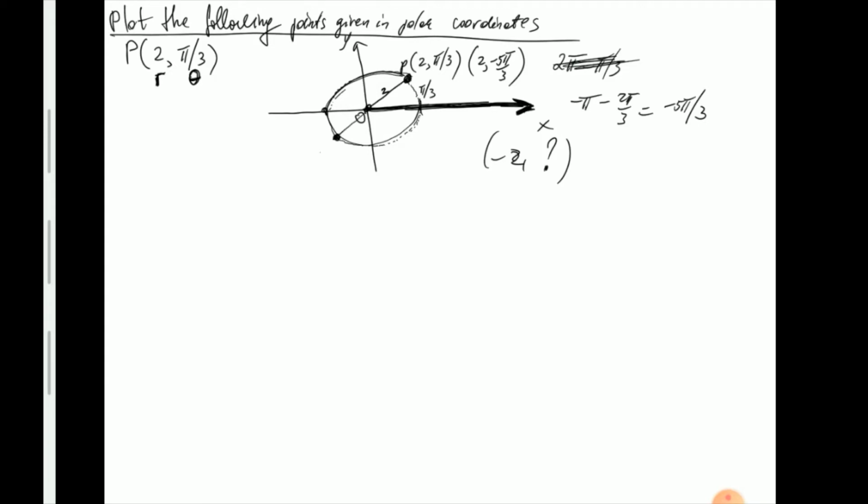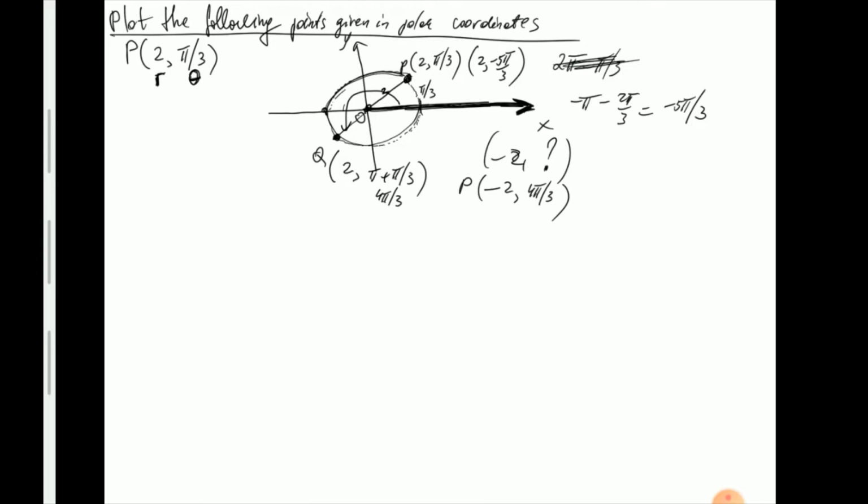Let's call it Q. And Q, if I want to measure it with positive r, I have to measure this angle. And if you look carefully, with positive 2, that angle is going to be pi plus pi over 3, which gives me 4 pi over 3. And so therefore P can be viewed as (minus 2, 4 pi over 3), the opposite of the point with positive 2.